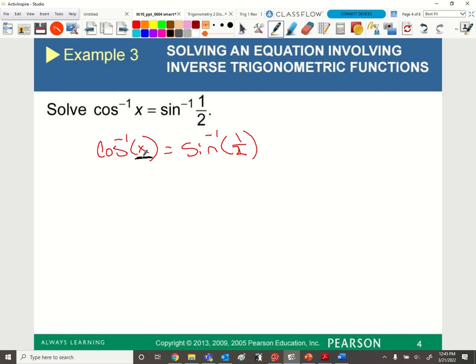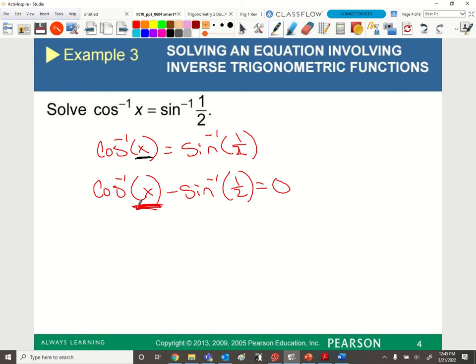So I'm going to use the arc for that. Let's subtract arc sine, or inverse sine, to the other side. So it's going to be inverse cosine of x minus inverse sine of 1/2 equals 0. Now that that's equal to 0, the thing I'm trying to find is this.